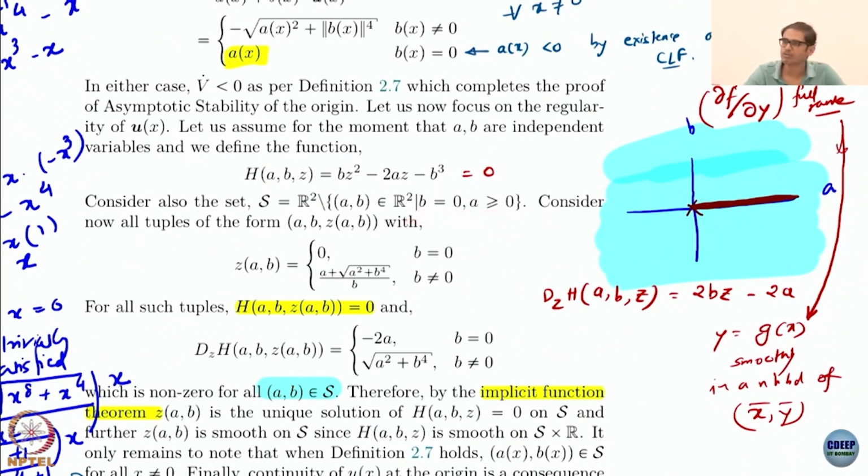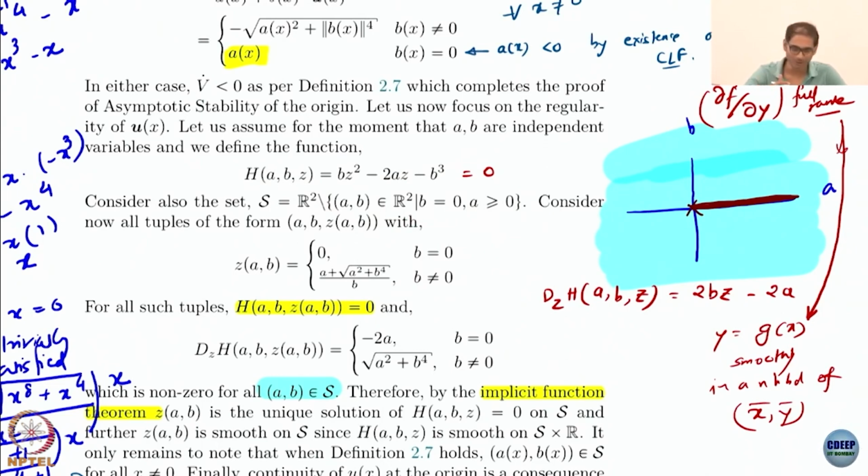Why do you think I removed this particular region from set S or from R²? This is a case that cannot occur by the CLF definition. Because if B is 0, A has to be negative, that is the CLF requirement.